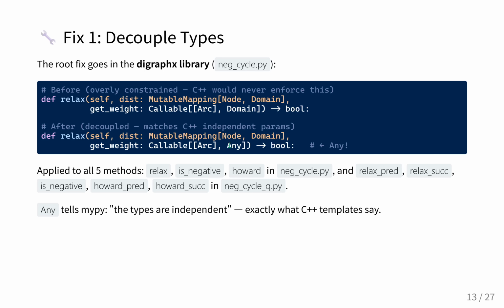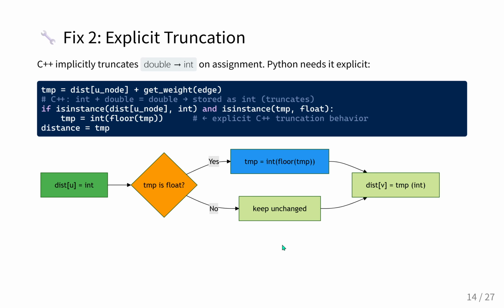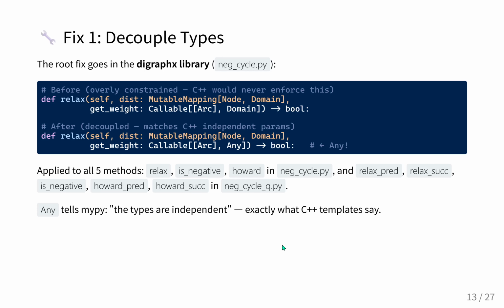Right. But you have to look at the architectural context here. In this specific scenario, using Any wasn't a hack at all. It was an incredibly precise, elegant translation of the C++ design intent. I'm intrigued. How does turning off a check translate to a better design? Because C++ unconstrained templates inherently operate by saying, I do not care what type this is up front, just pass it through and I will evaluate it independently.